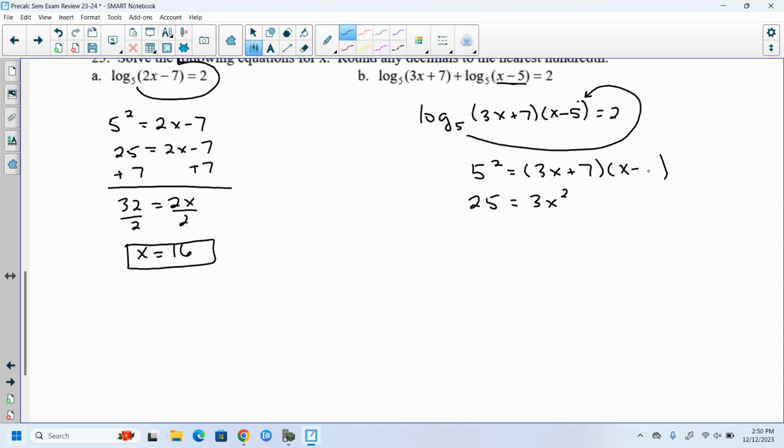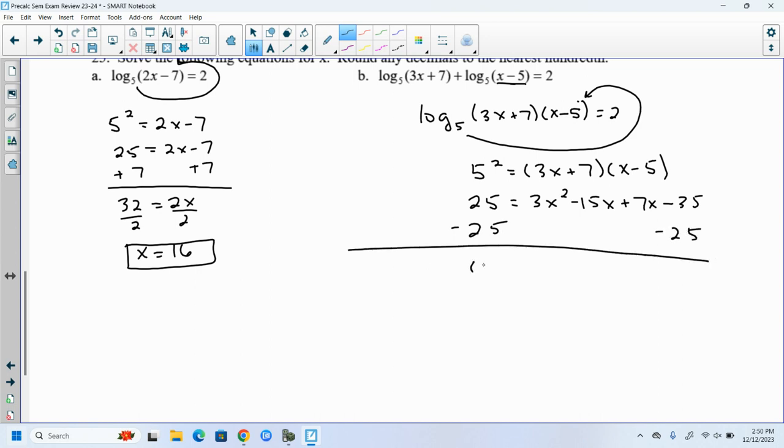That should be a 5. So I get minus 15x plus 7x minus 35. When I subtract 25, I'll combine like terms in the same step. I get 0 equals 3x squared minus 8x minus 60.